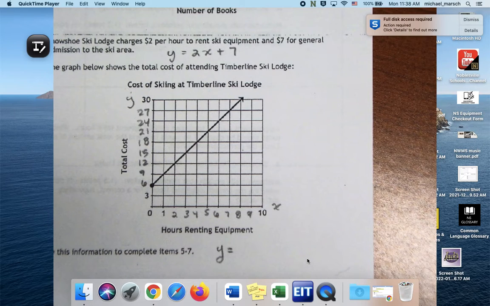What's the slope of this line? Pay really close attention to the increments. Maggie? Is it 3x plus 6?